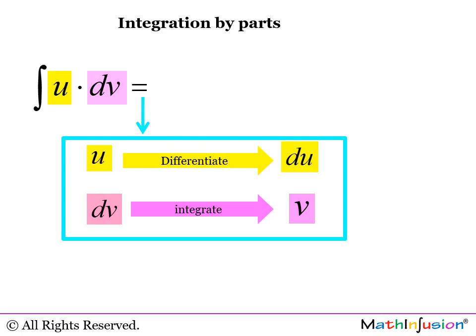So we already differentiated u and we have du. We already integrated dv and we have v. So first of all, we write u times v, and then we subtract the integral of v du.